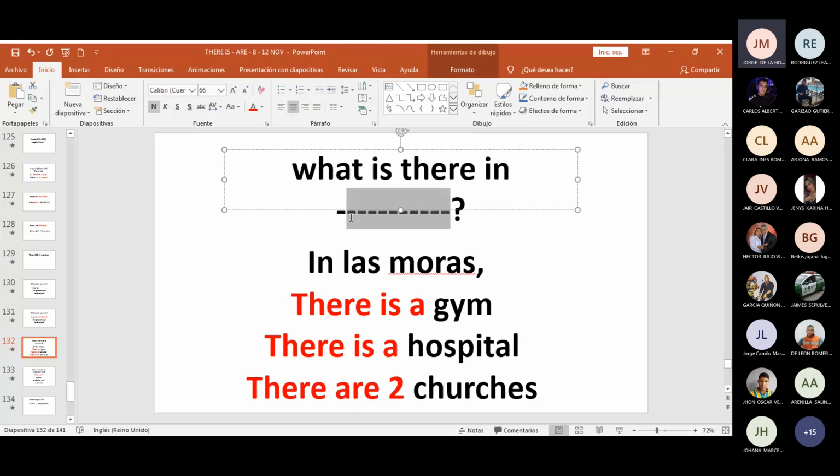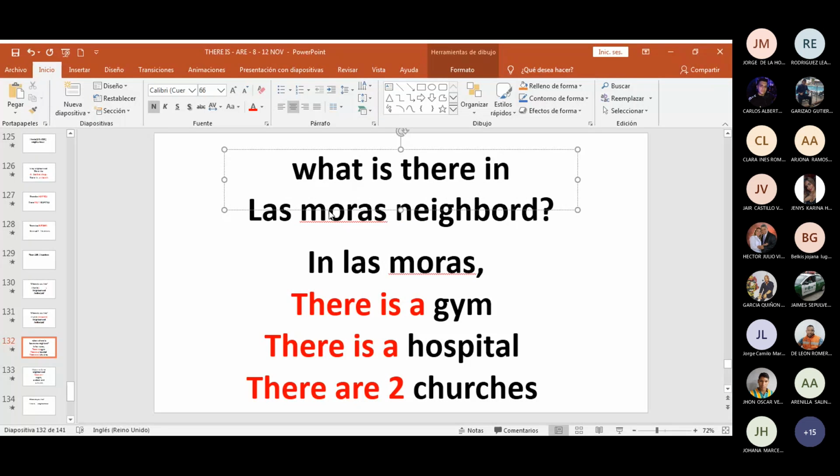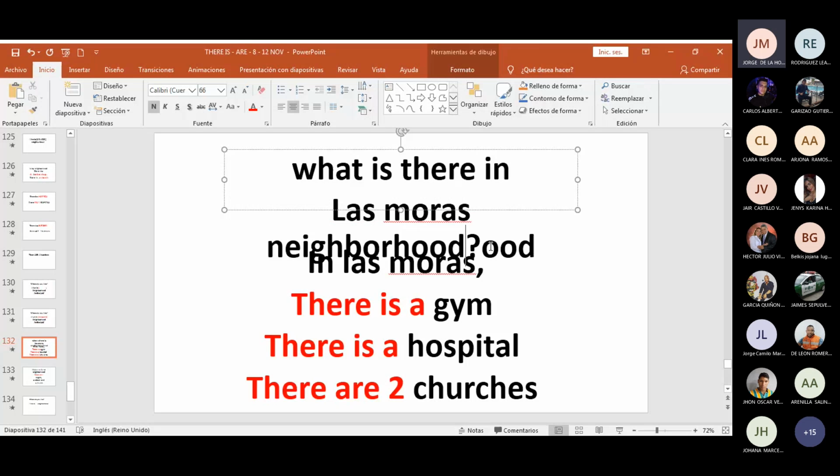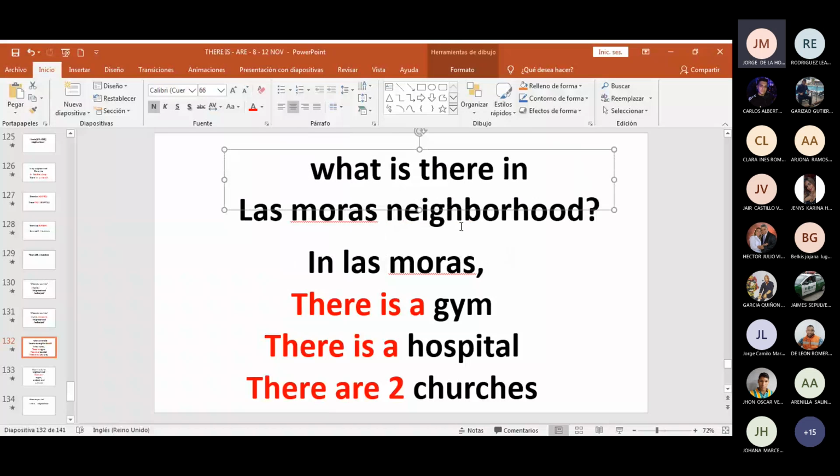What does what is there mean, student? What is there? Okay, what is there in Las Moras neighborhood? That would be my question. What is there in Las Moras neighborhood? Oh, that is the question. So you are going to complete the information. What is there in Las Moras neighborhood?